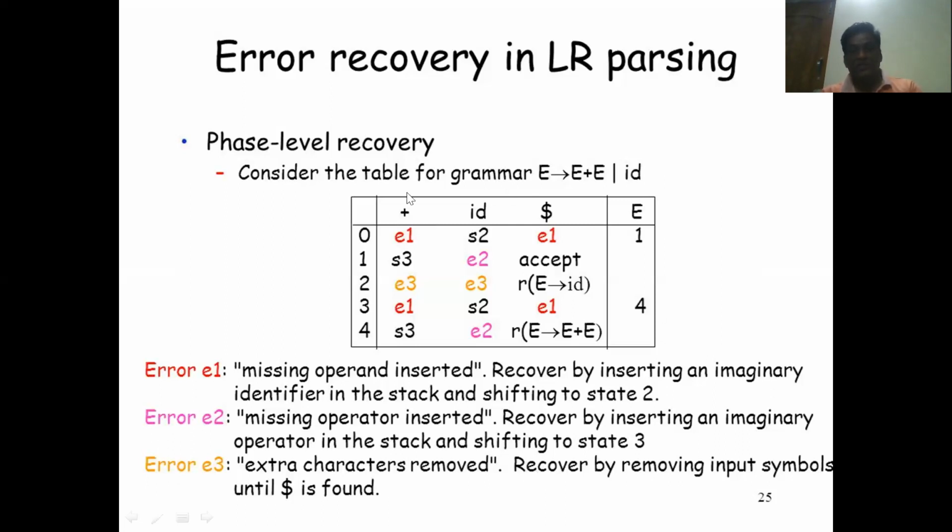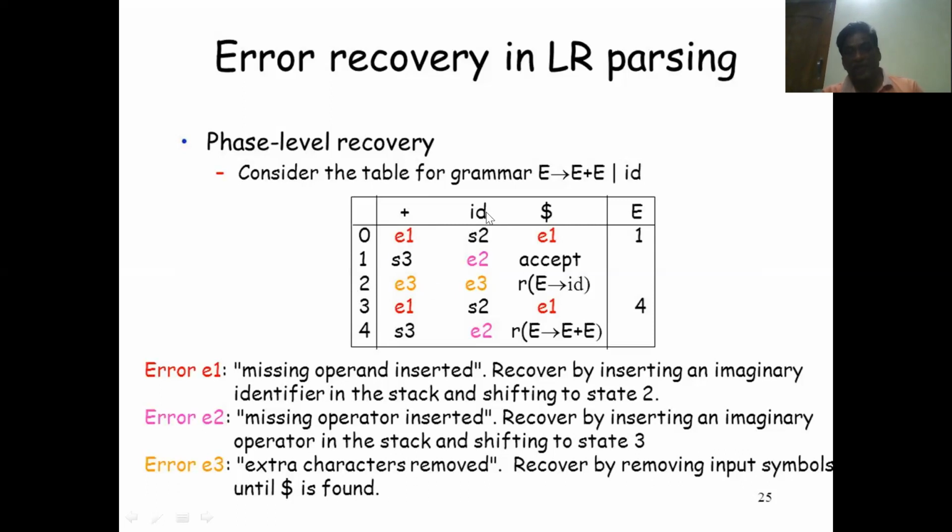Okay, so this is how, if you observe, E1 is an error routine that corrects this combination of state 0 with plus. And E2 is another error routine that corrects this combination of possible error, state 1 on id. Similarly, E3 is an error recovery routine with this combination of state 2 on plus and state 2 on id.